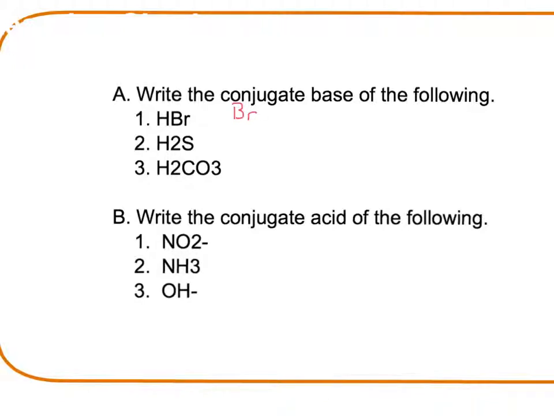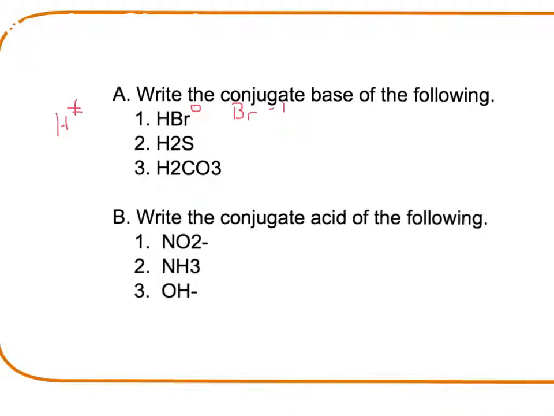Also, because we are losing a hydrogen, which has a +1 charge, the charge of our chemical will drop by 1. So HBr has a 0 charge, our conjugate base would have a -1 charge. So on example 1, our conjugate base would be Br-.